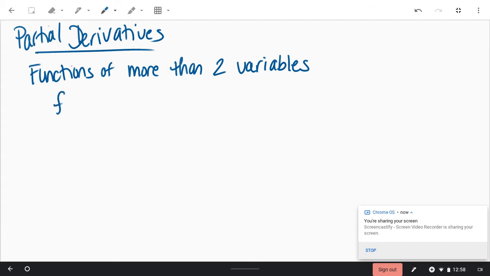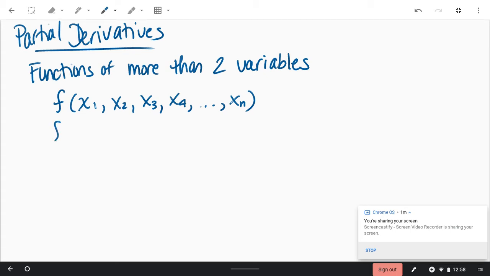A lot of times once we run out of x, y, and z, we just start calling them x1, x2, x3, x4, all the way to xn. Okay, so we could find a partial with respect to x52 if we wanted to. Just treat all of the x's as if they're a constant.